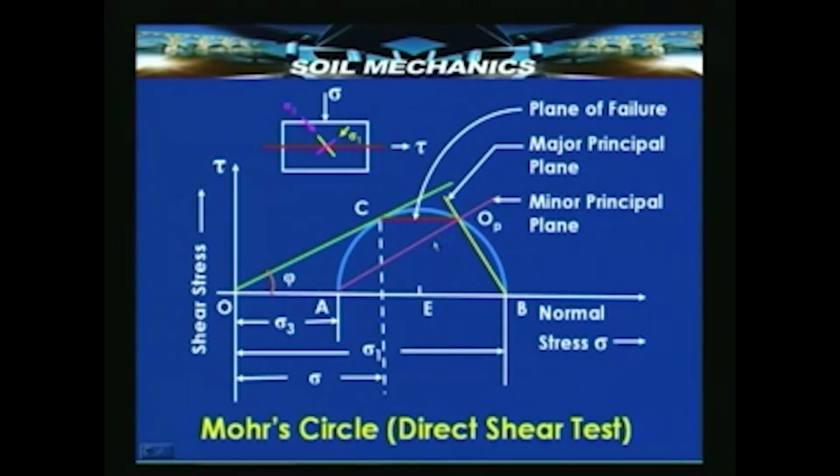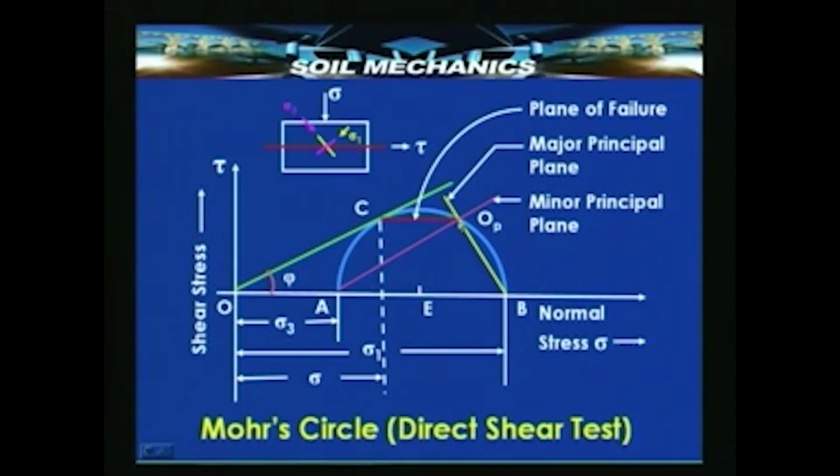By definition, the pole is a point on the Mohr circle which has coordinates sigma and tau, which in turn are equal to those on a plane passing through that OP and the point A. So, it so happens that this red line which passes through A and OP is nothing but the minor principal plane, and therefore, point OP represents the stresses which act on the minor principal plane.